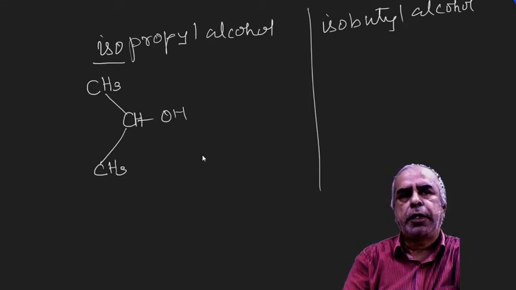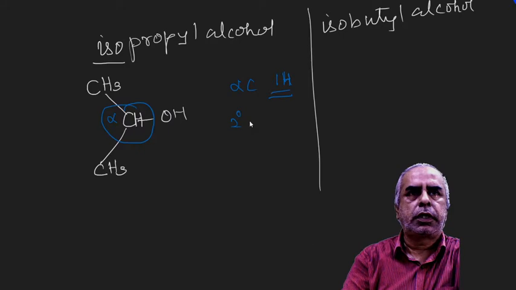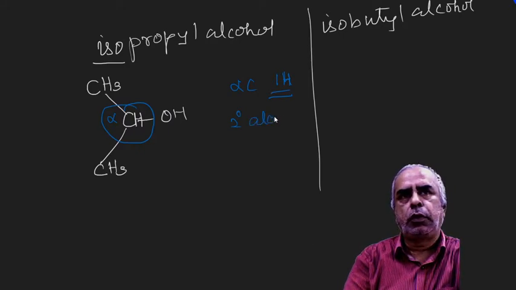Whether it is primary, secondary or tertiary, check the alpha carbon atom. This one is the alpha carbon atom, and it has only one hydrogen atom. In that case, it is secondary alcohol.